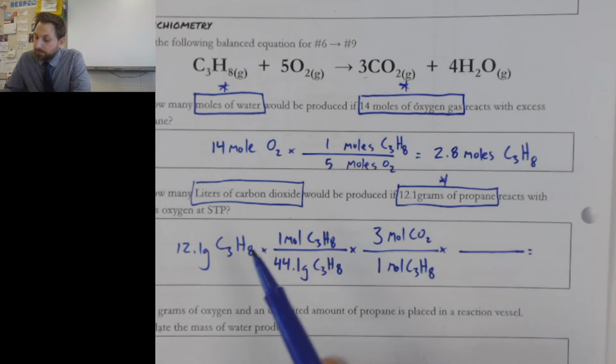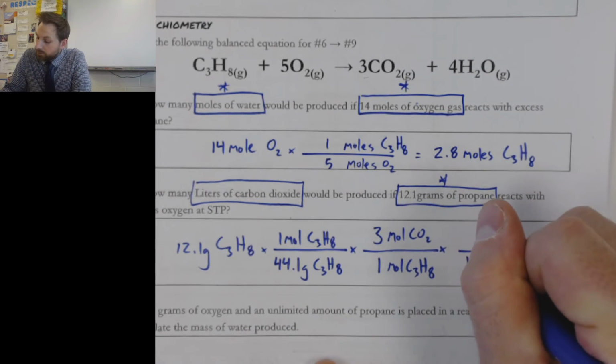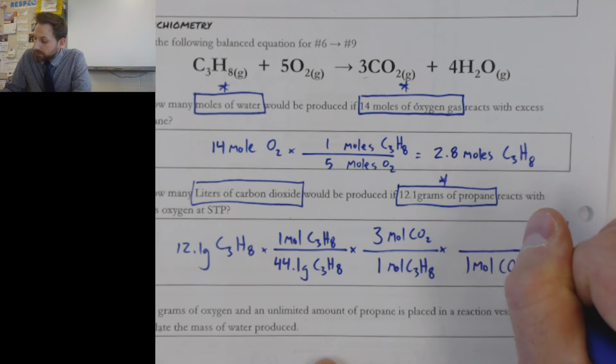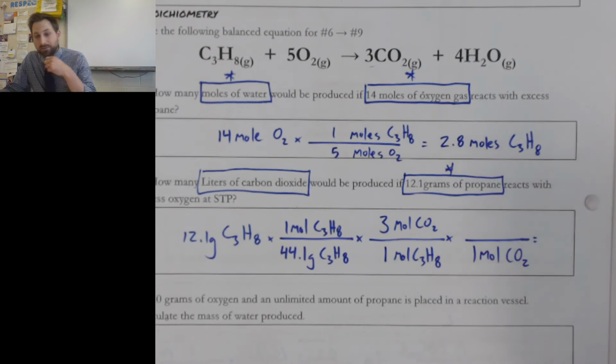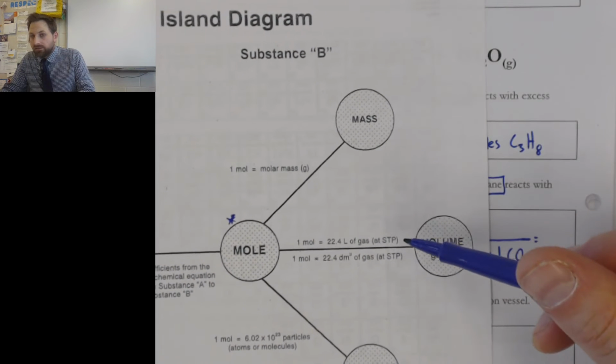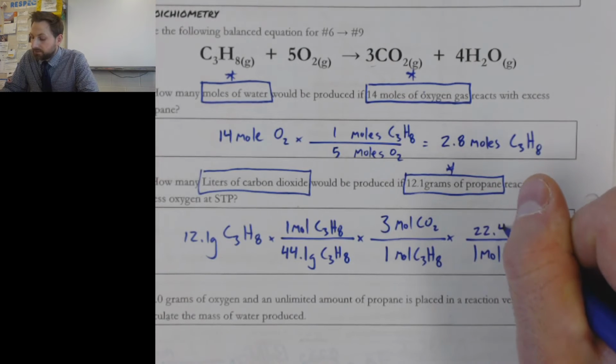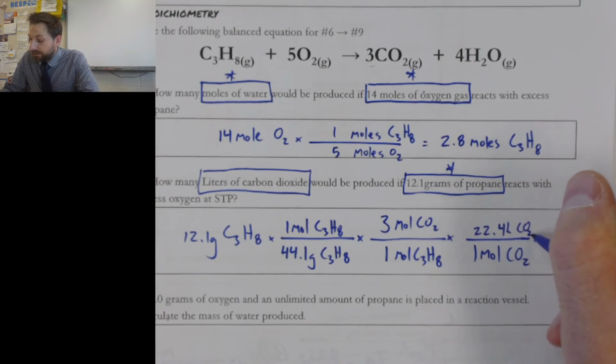Our last step is converting to liters of carbon dioxide. 1 mole of carbon dioxide is equal to how many liters? I forgot. All right, here we go. Also on the back of your review packet, there's a whole bunch of equality statements. They'll help you figure that out.